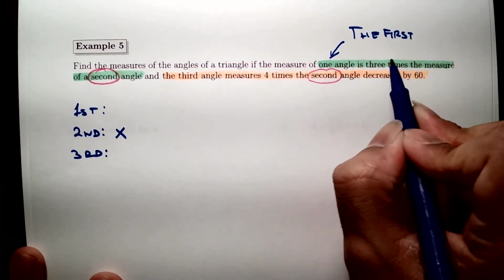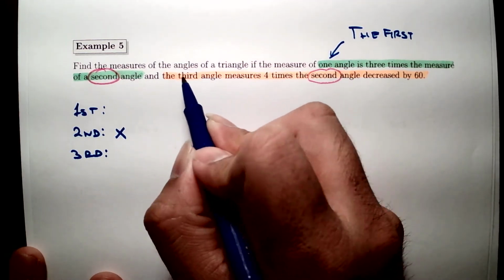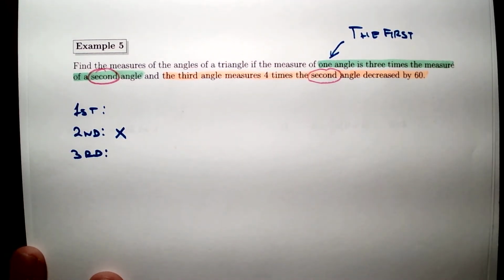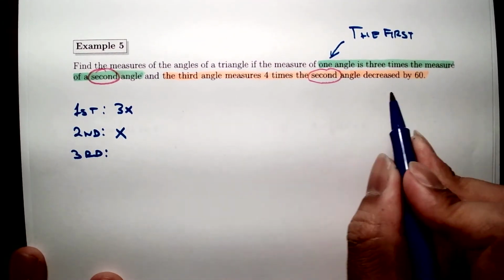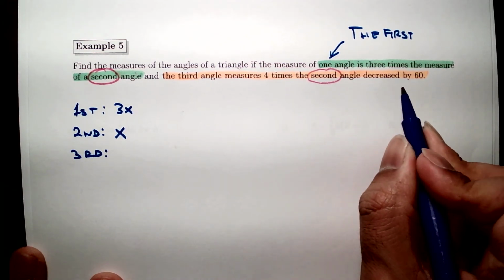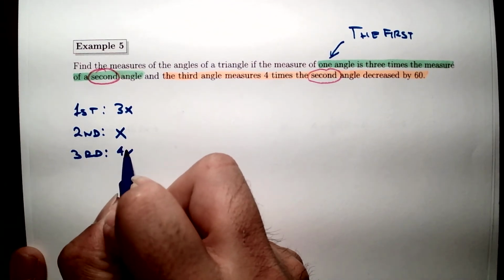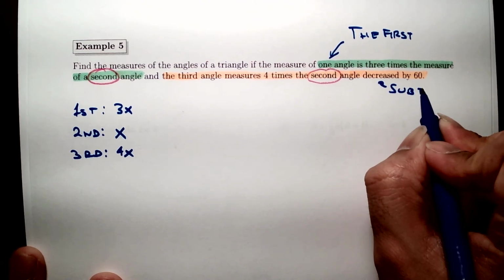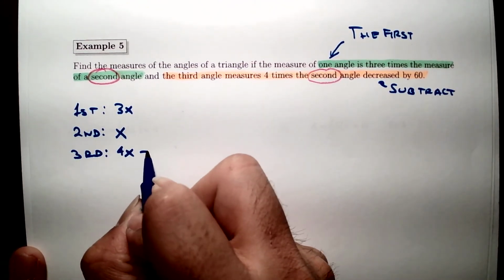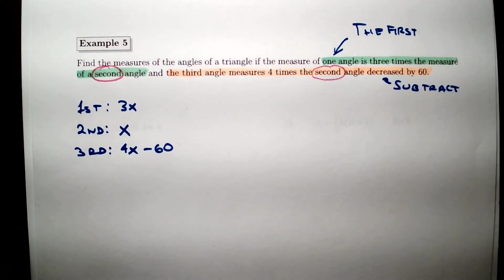Because over here they're calling for some second angle and a third angle, so this has to be strictly the first angle, so that has to be 3x. And the third angle is 4 times the second angle decreased by 60. 4 times, that is 4 times x. Decrease means subtract. That is minus 60.